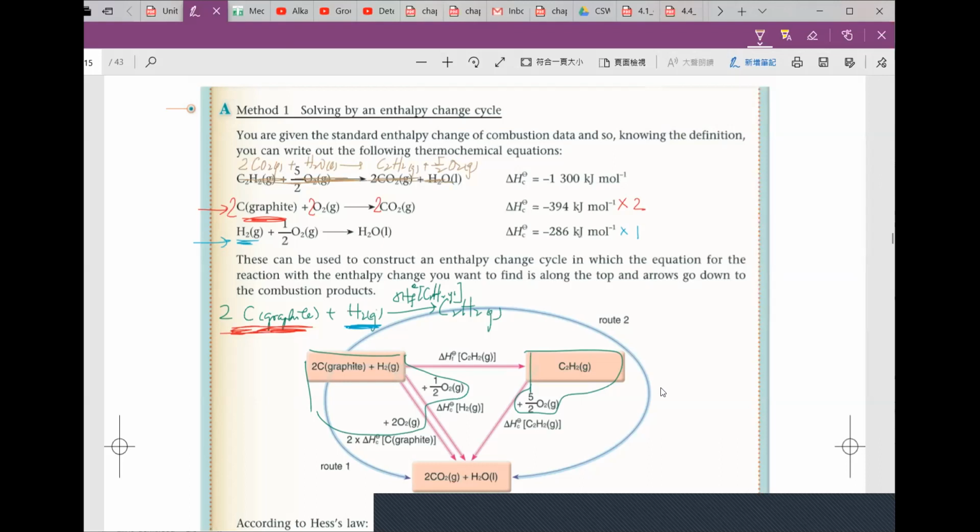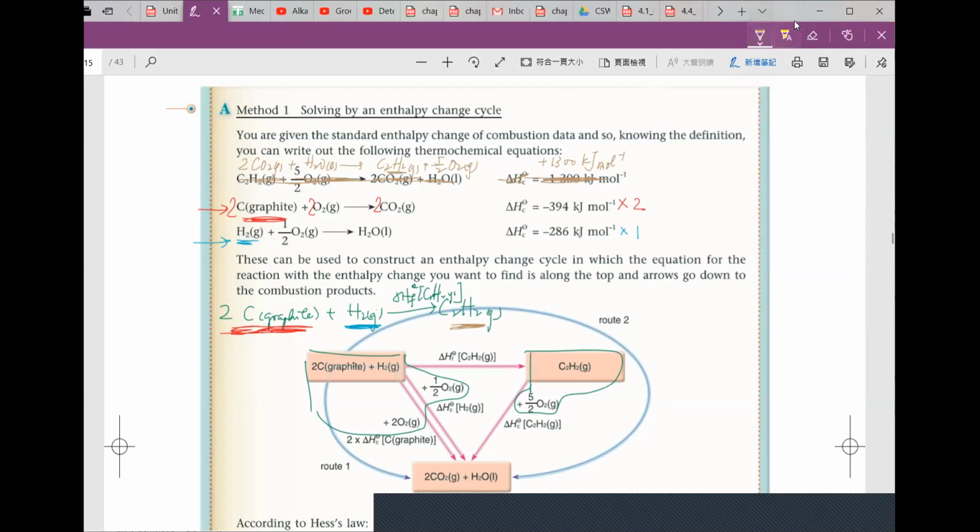Okay. And then this one, what will happen? That equation is not delta H of combustion, it is minus delta H of combustion, right? So it is now becoming plus 1,300 kilojoule per mole. Can you get the point? Now, what's next? You're going to write it down in this direction. Can you get the point?